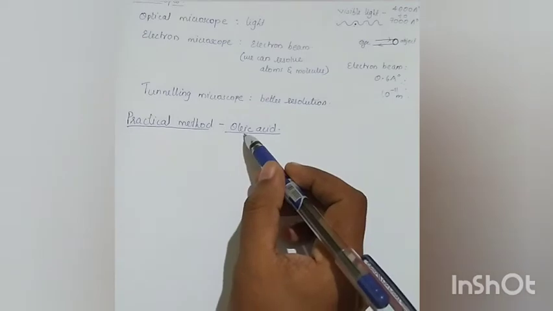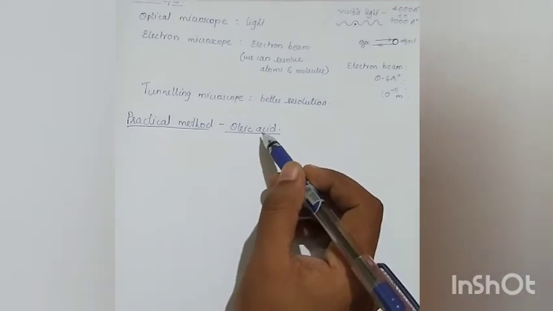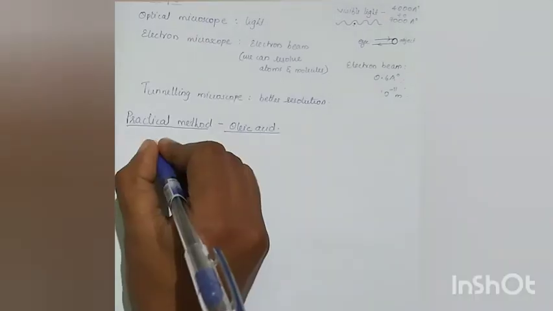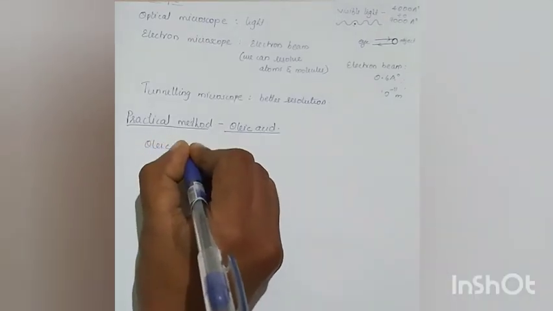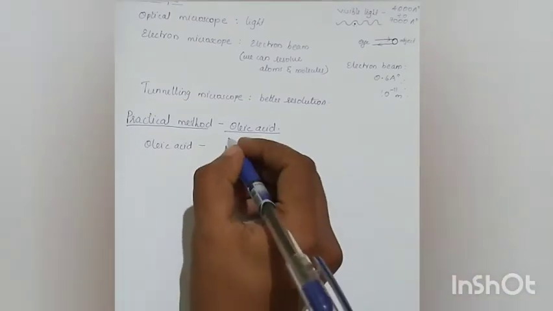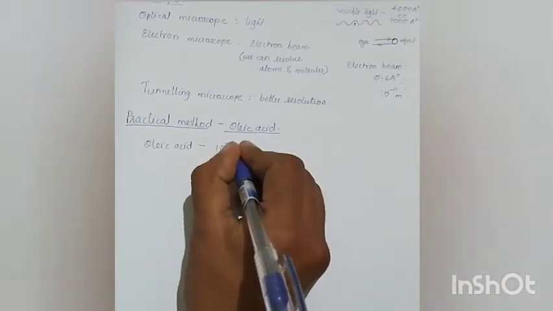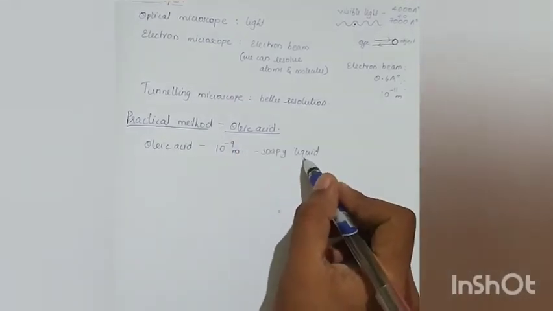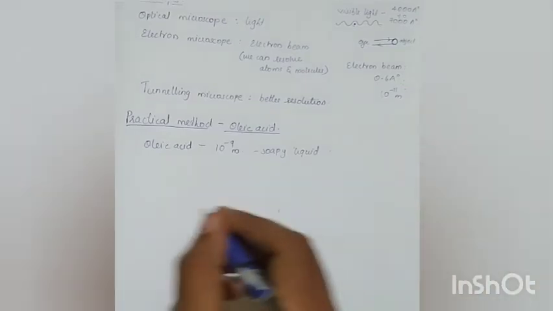Here we are going to choose oleic acid and determine its molecular size. Oleic acid is a hydrocarbon molecule with a molecular size of the order of 10 raised to minus 9 meter. Its texture is like a soapy liquid. Our first attempt is to get a monomolecular layer of the oleic acid.